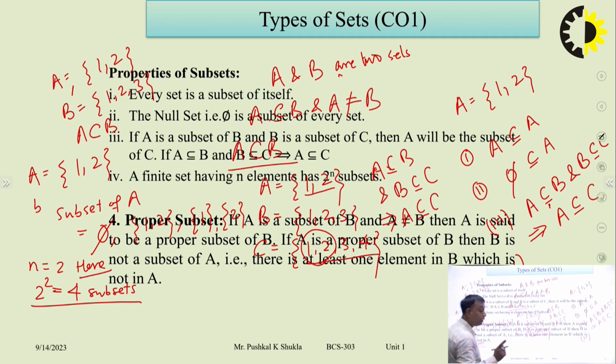It means there must be at least one element in B that is not in A. So this is the example of the proper subset.